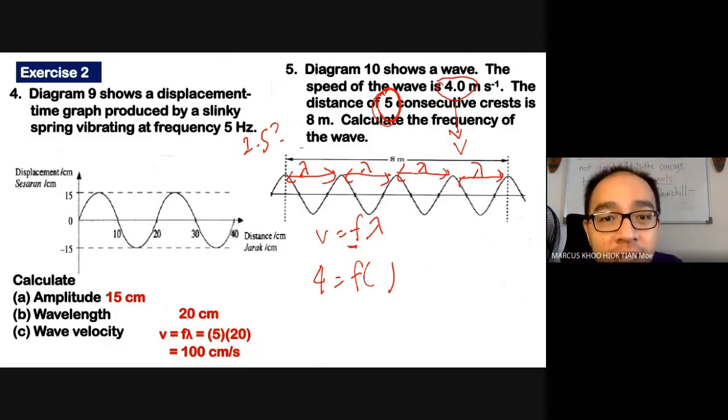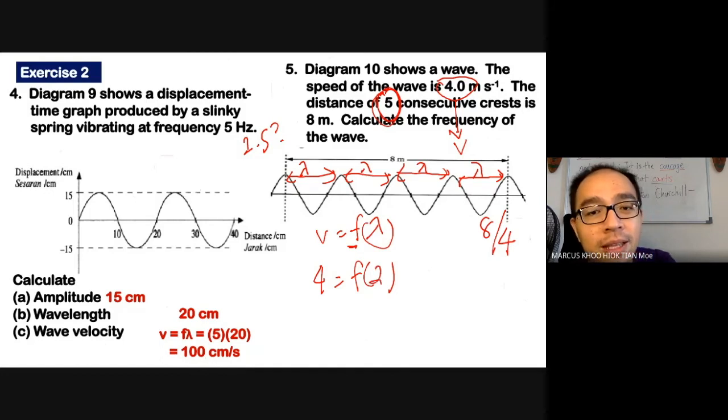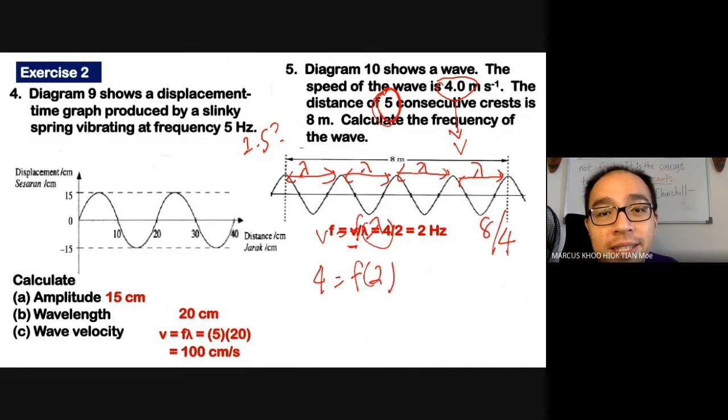Wavelength is the distance between 2 crests or 2 troughs. Distance between 2 means 1 distance. So the wavelength actually is 8 divided by 4, because 8 meters, 4 wavelengths. So 1 wavelength is 2. Therefore you will get F equals to 2 Hertz.